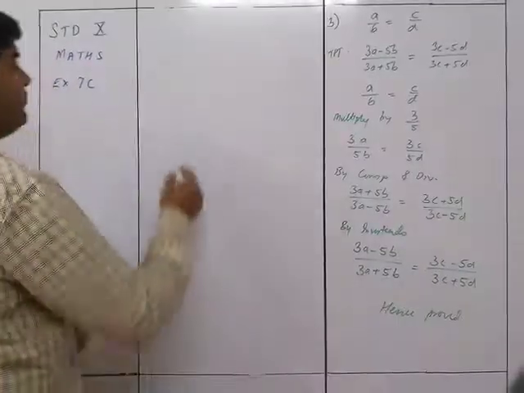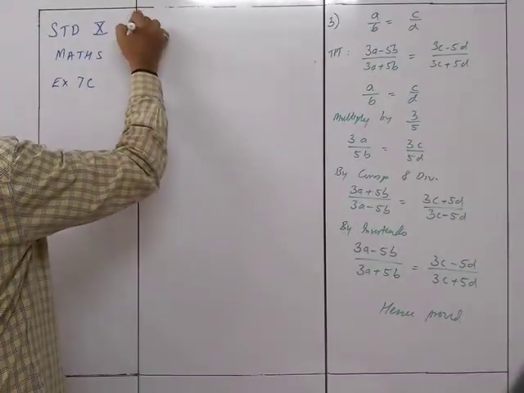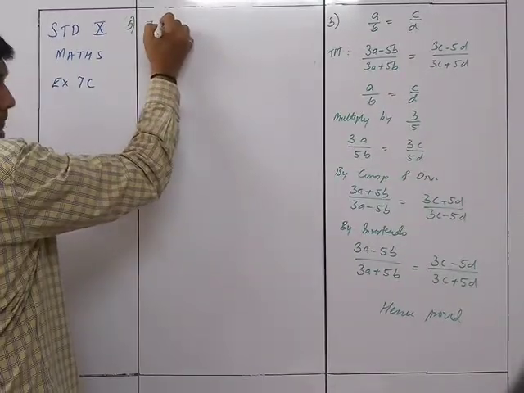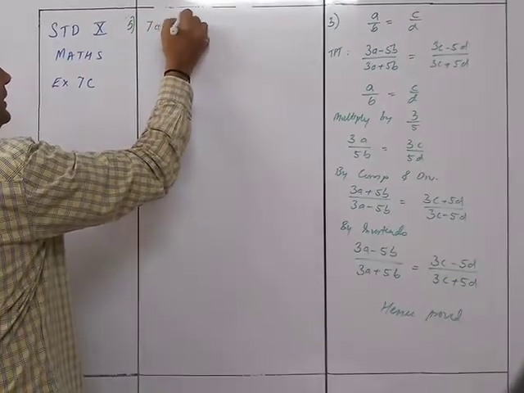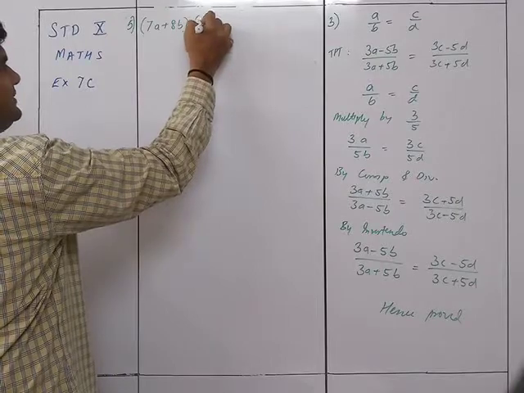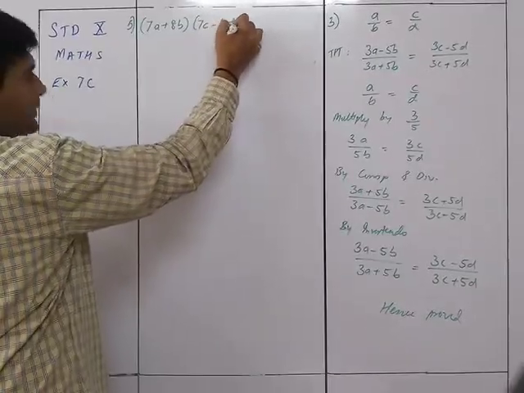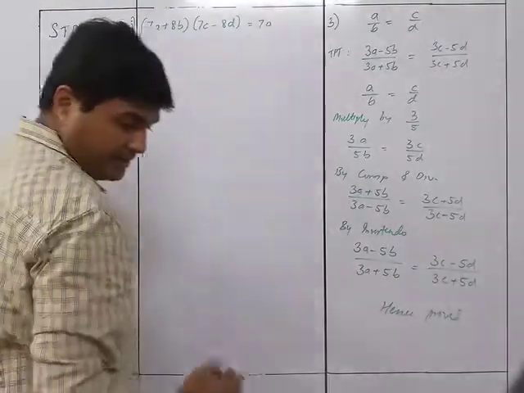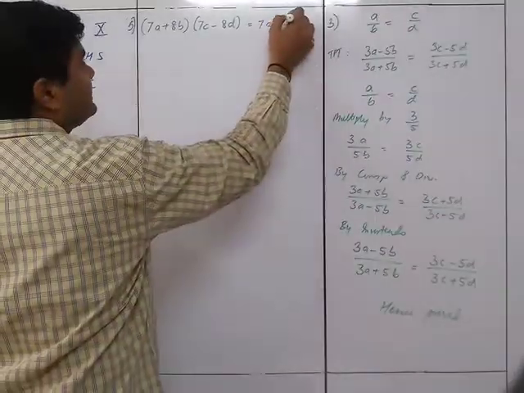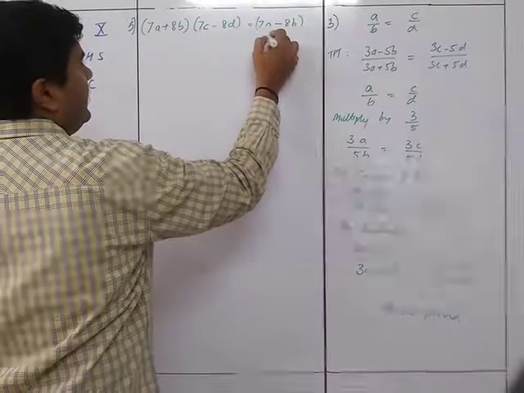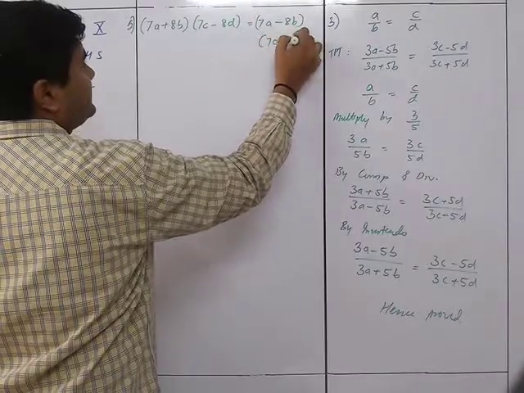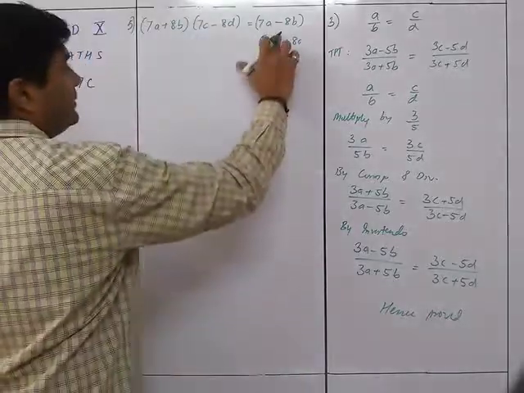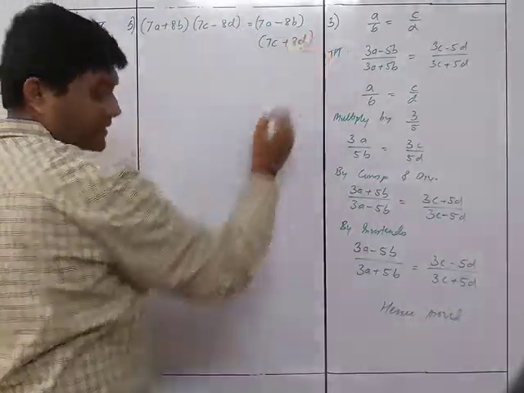Okay, sum number 5. It is given that (7A plus 8B) into (7C minus 8D) is equals to (7A minus 8B) into (7C plus 8D).